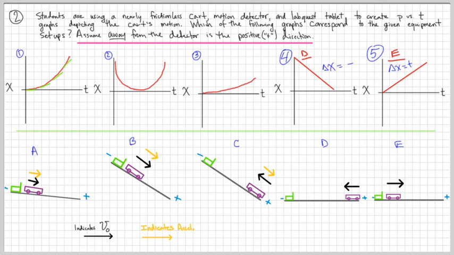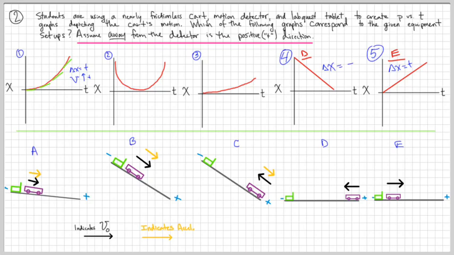It's increasing in magnitude, and the change in position of my cart is in the positive direction. My v is increasing and positive the whole time, which means I must also have a positive acceleration. If the signs of the acceleration and the velocity are the same, that indicates speeding up. If their directions are opposite, say velocity is positive and acceleration is negative, then the object is slowing down.